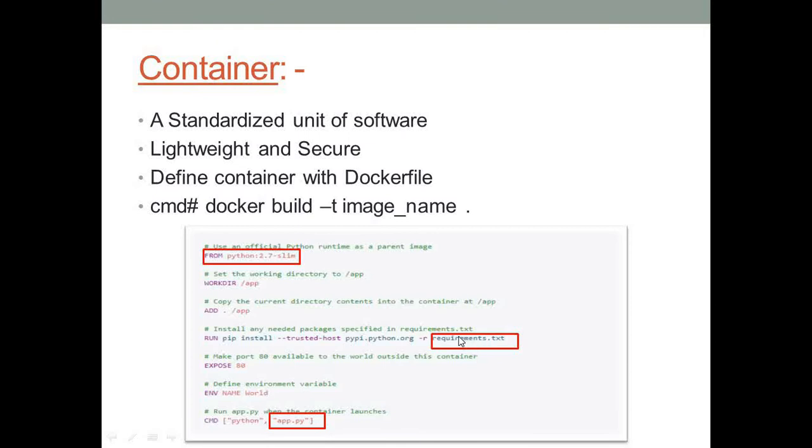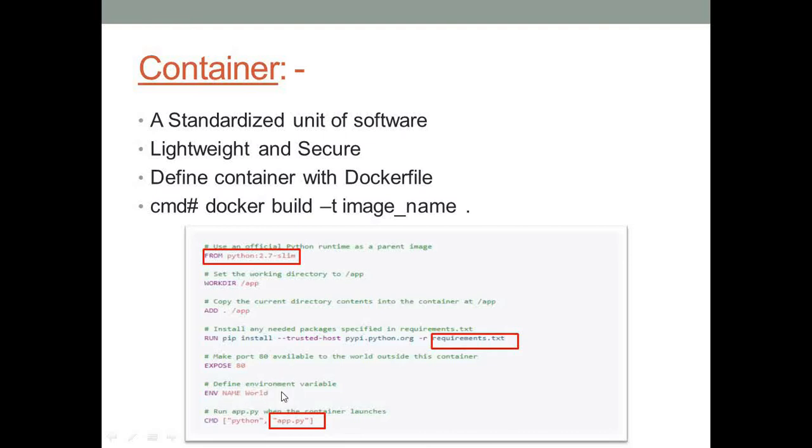Whatever is written in requirements.txt, it is going to download those libraries. And if it is a web application, it is going to expose port 80 to the outside world, so they can connect to port 80 over HTTP. Then the environment name is World.